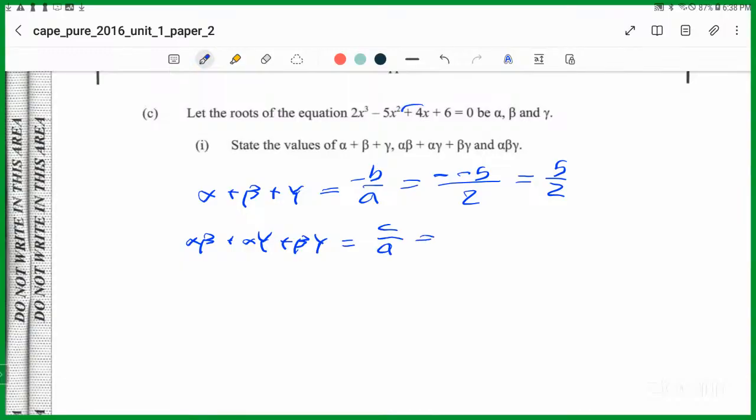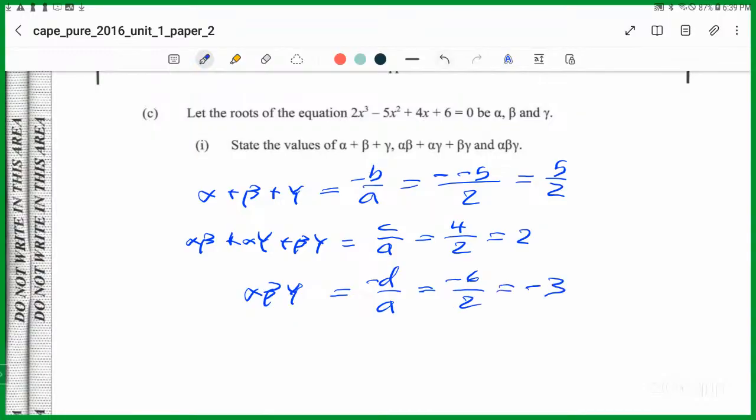This is c, which is 4, and this is a, which is 2, so that is 2. And then the product of the roots, alpha beta lambda, is minus d over a. This is d, minus 6, and this is a, so that works out to be negative 3. So those are the three values right there.